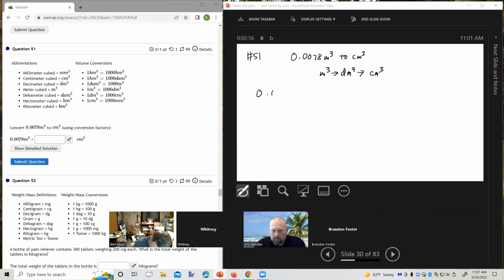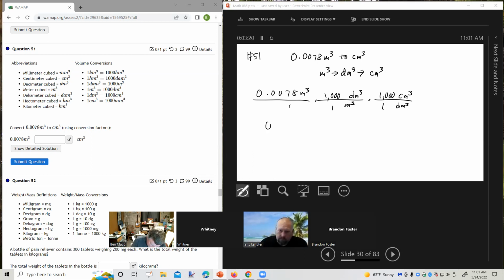So 0.0078 cubic meters to cubic decimeters to cubic centimeters. 1 cubic meter is 1,000 cubic decimeters. 1 cubic decimeter is 1,000 cubic centimeters.